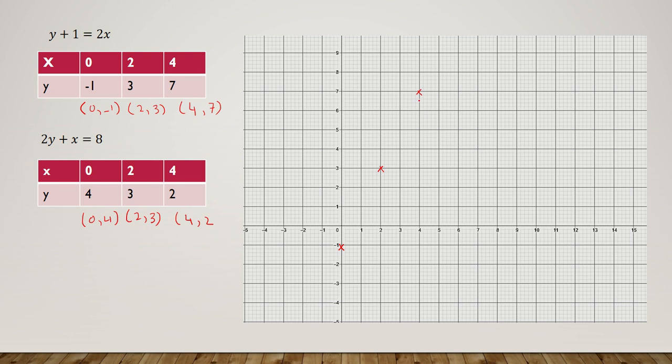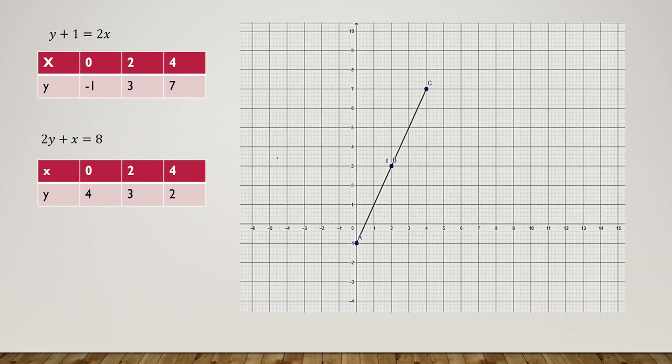Let's join these points and we'll get this. Now 0, comma 4, 2, 3, and 4, 2. 0, 4 is this. 2, comma 3 is the same point, and 4, comma 2.